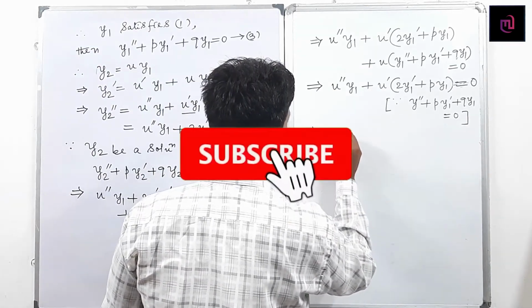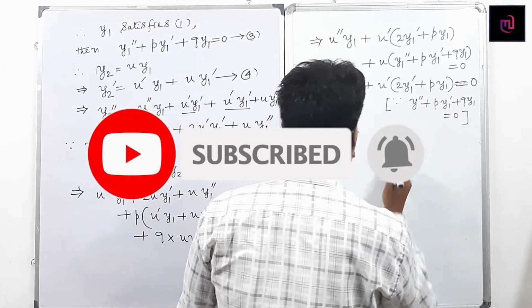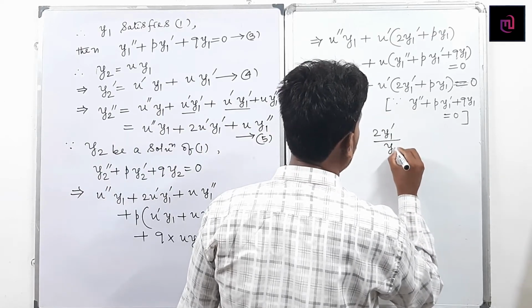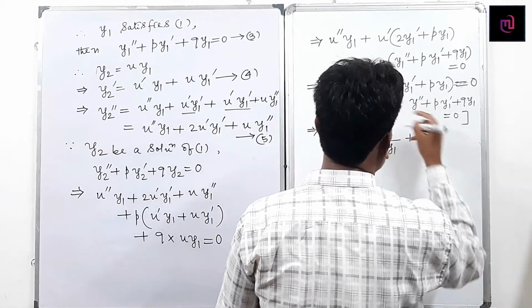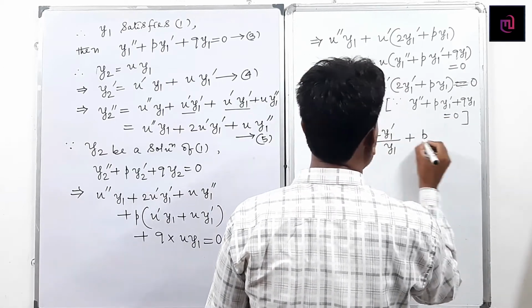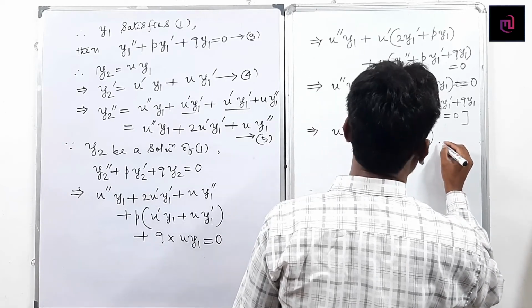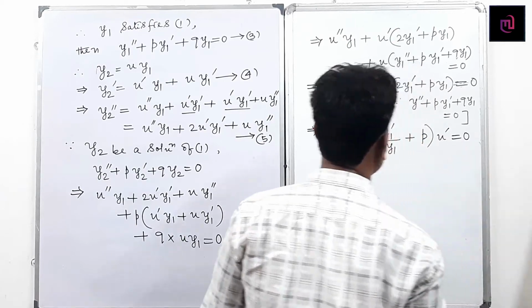So here, u double dash plus, dividing by y1 on both sides, 2 into y1 dash by y1 plus p into u dash equals 0.